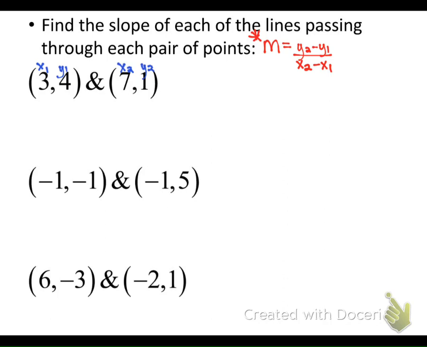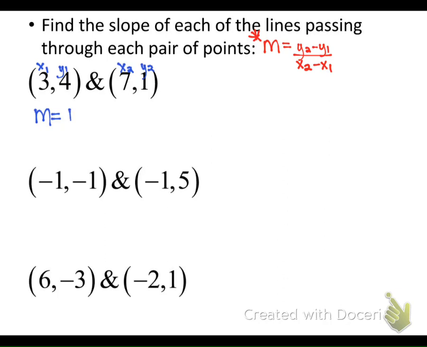Now, I will tell you this. Worksheets, quizzes, everything. When you go to do the slope formula, every single time, you need to put m equals. You need to tell me that you're using the slope formula. So m equals, and then my formula is y2 minus y1. So what's my y2 number? 1.